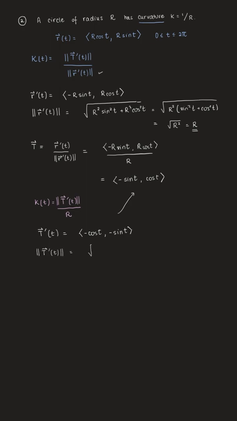That's going to be the square root of each component squared, so cosine squared t plus sine squared t, which is 1, by the Pythagorean identity. And so we can now find the curvature. The magnitude of the derivative of the unit tangent is 1. In the denominator, we had the magnitude of the derivative of our vector function, which was r. And so we have shown that the curvature of a circle of radius r is 1 over r.